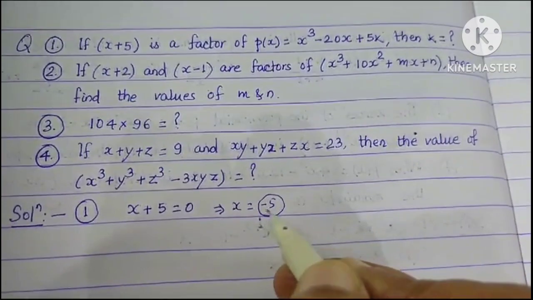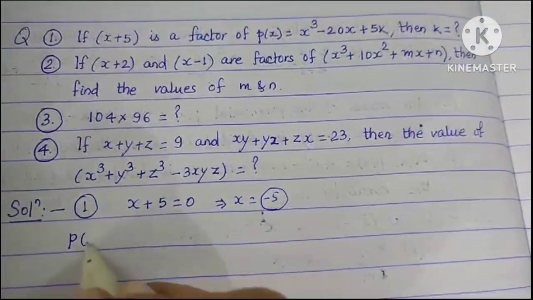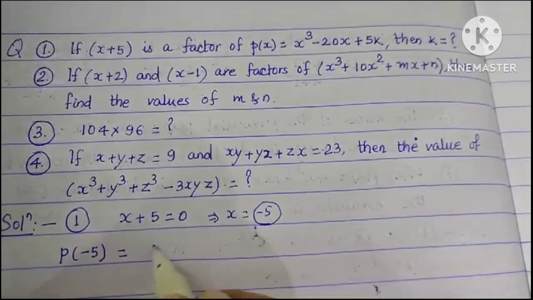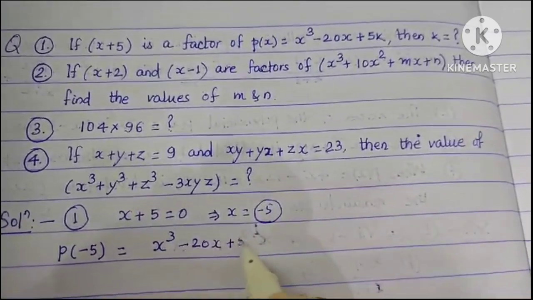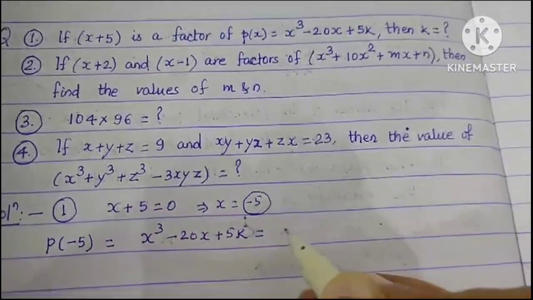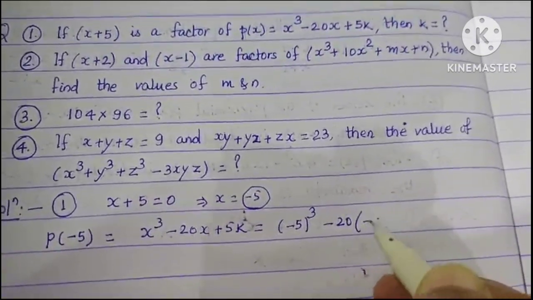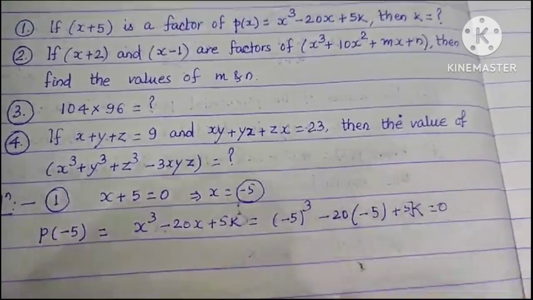So now we will put this minus 5 in place of x here. So p(minus 5) is basically x cube minus 20x plus 5k. So this equals minus 5 power 3 minus 20 into minus 5 plus 5k. This will be equal to 0.